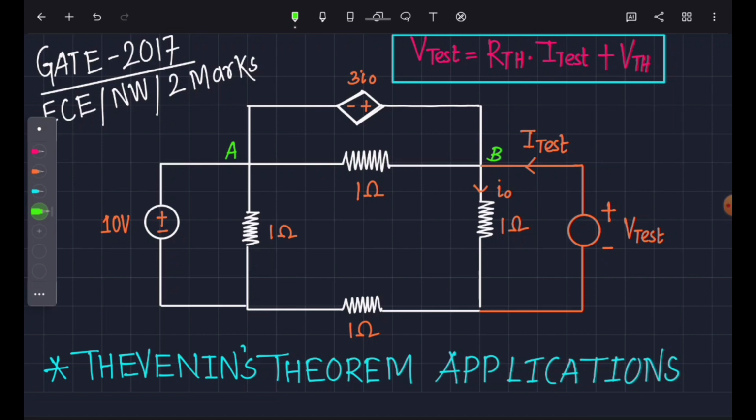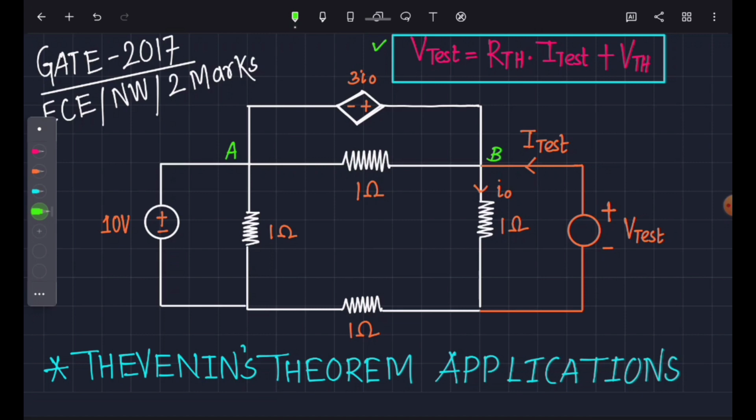It was a 2 marks question, and it asked to calculate the Thevenin's equivalent resistance at node B. But I have tweaked the question and will try to calculate both the Thevenin's voltage and Thevenin's resistance from the following network. We'll use this equation over here, a generalized equation that can be used on any circuit to deduce the Thevenin's equivalent voltage and resistance.